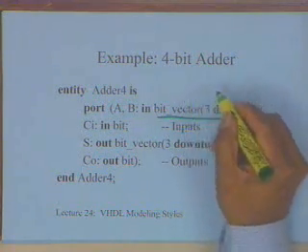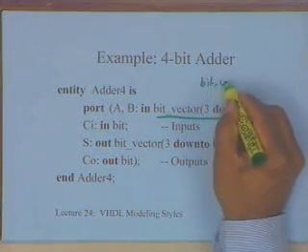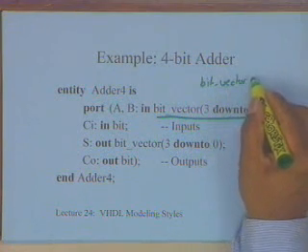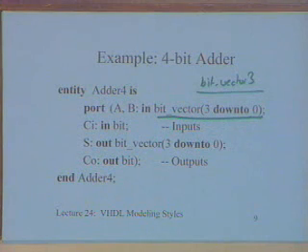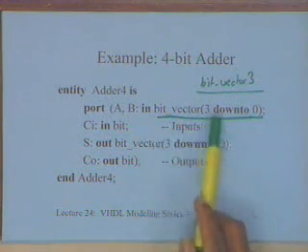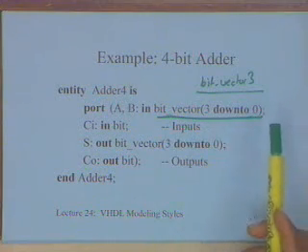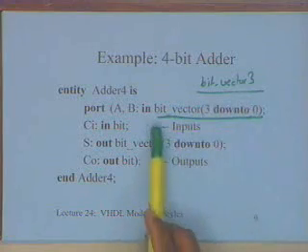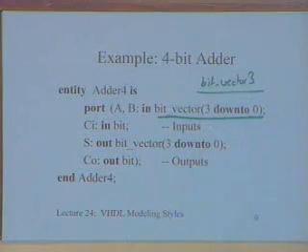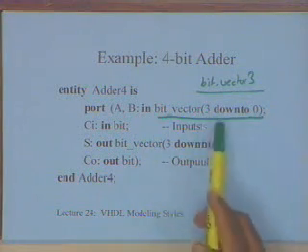I could also have defined this in my package, just like you have your include files. I could have defined a type called bit vector 3 in my package, defined as an array of 3 down to 0. Then I would only use this shorter form. Here I am declaring it completely, which is 3 down to 0, an array of 4 bits.